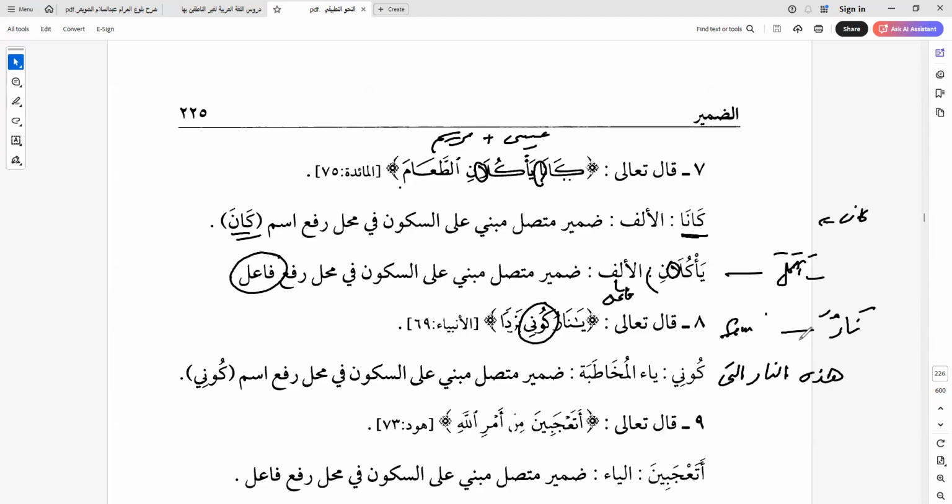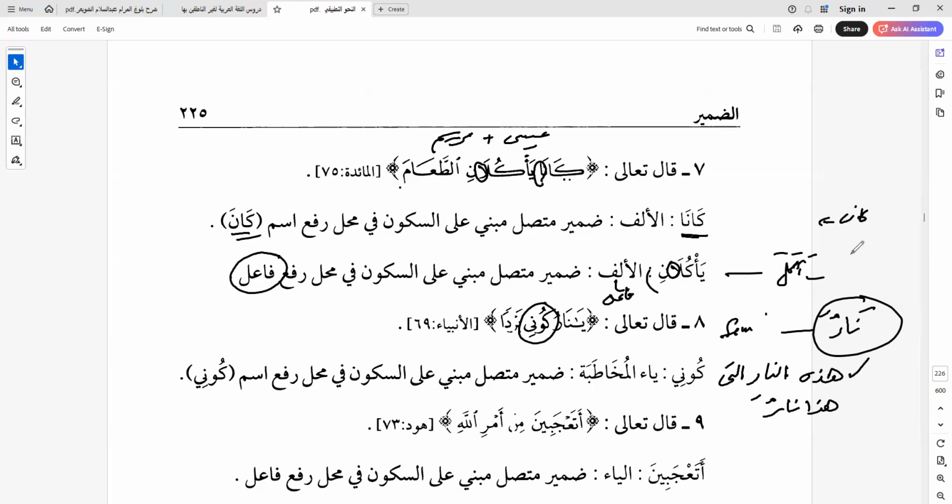Sometimes because it's not مؤنث حقيقي, some people can say هذا نار, because it's مؤنث مجازي. It's not real feminine. But in Arabic, we give anything that has warmth as مؤنث.